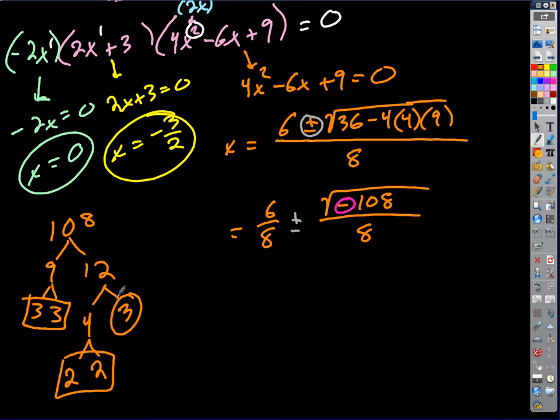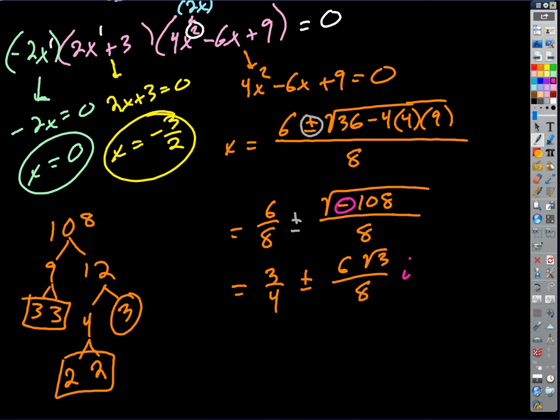So then this whole thing is gonna simplify to, well, the 6/8 reduces to 3/4, isn't it? The square root of 108 is gonna be 3 times 2, which is 6, times the square root of 3, over 8, times i. And then the 6/8 reduces to a 3/4, right?